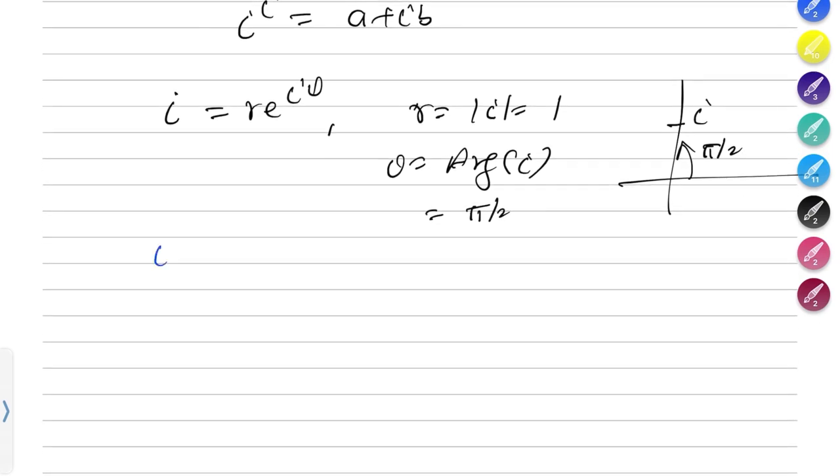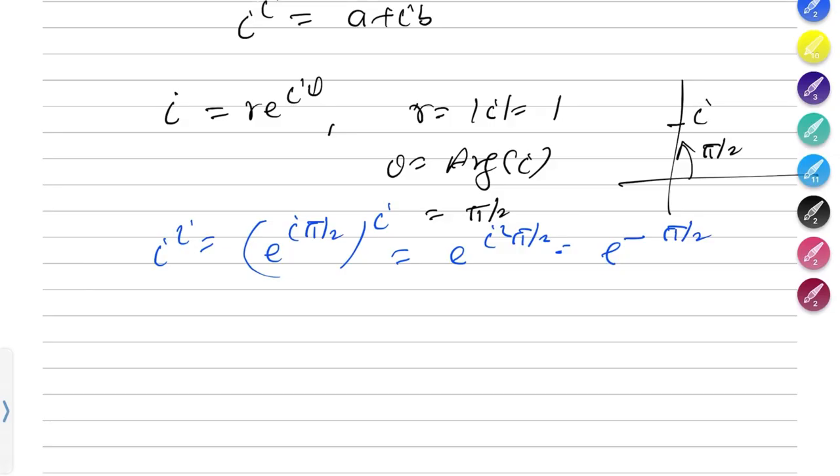So i to the power i has the base i written as e to the power i pi by 2, and the power is i. So it is e to the power i square pi by 2, that is nothing but e to the power minus pi by 2. So essentially i to the power i is a pure real number.